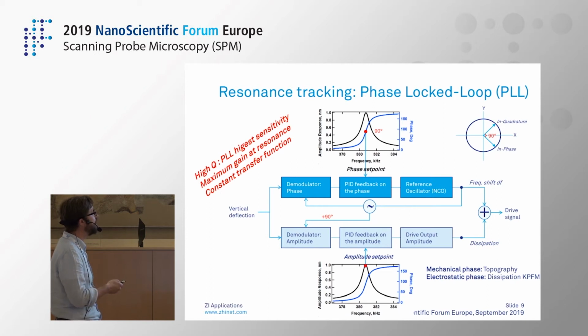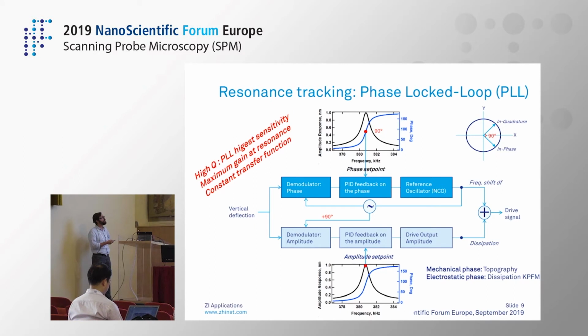This is implemented by using a local oscillator that is phase locked on one hand, and at the same time the same oscillator is shared at a 90-degree phase shift. That's exactly what a lock-in does to the amplitude. The fact that you have locked the phase with this PLL guarantees that you have 90 degrees phase difference, and therefore you have an in-phase and an in-quadrature component, and that's really orthogonal.